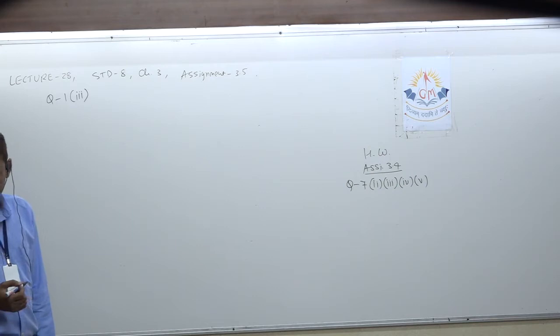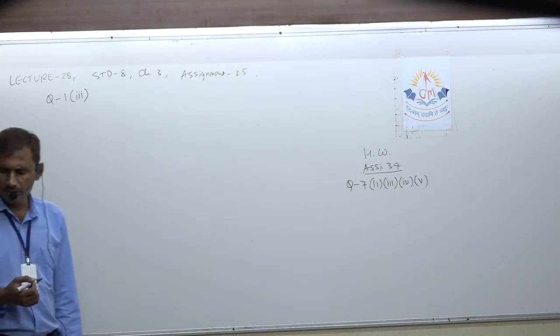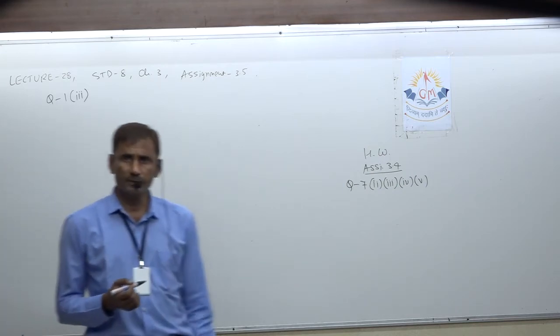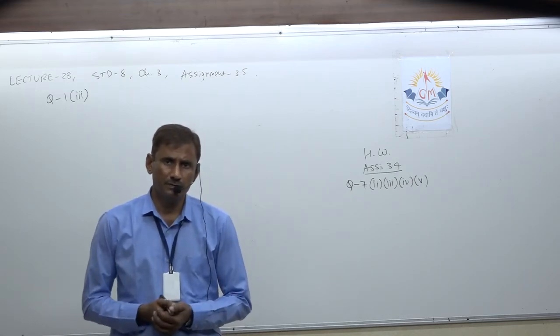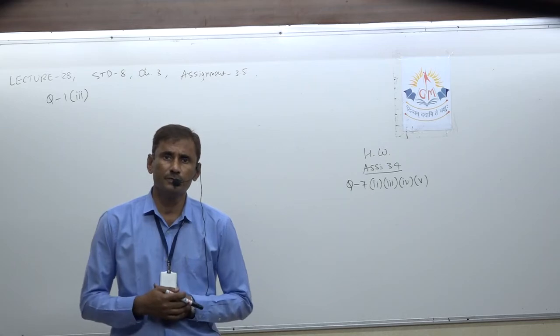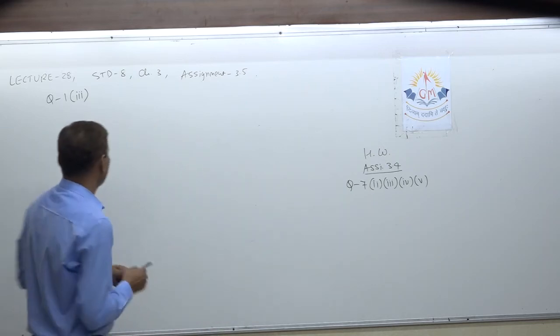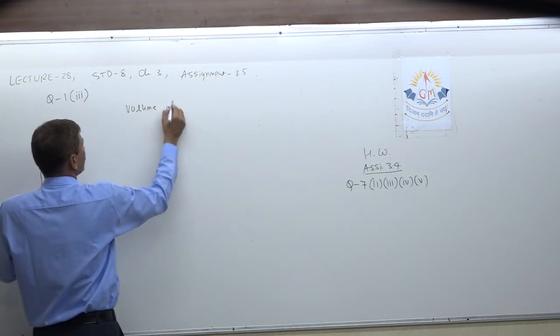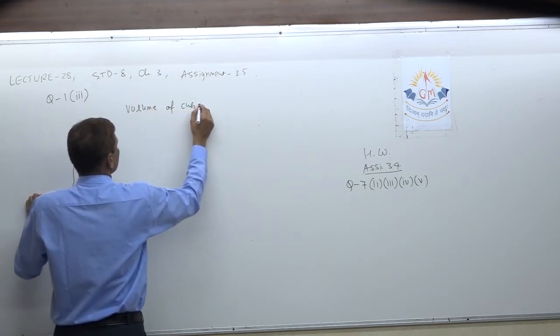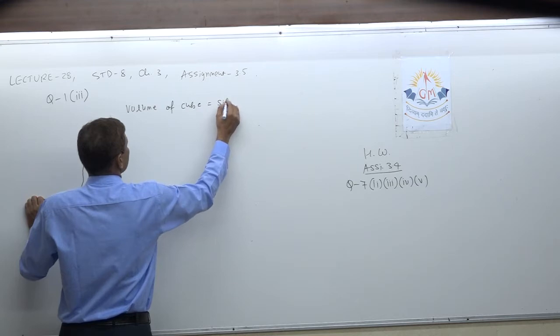First of all, volume is given. So why are we going to find the cube root here? First of all, understand it. They have not said to find the cube root. So how do we decide a cube root is needed? Because volume of cube equals side cube.